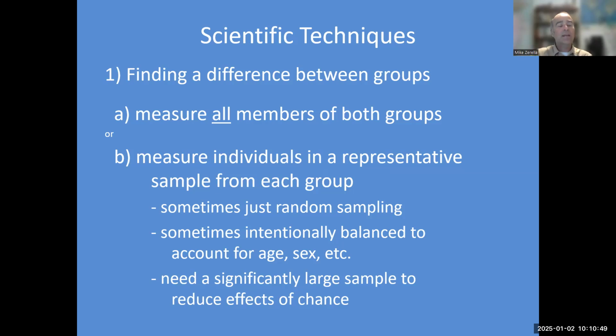And then hopefully our representative sample really does represent the larger group. So if we find a difference between the representative samples, then we know that there's a difference between the groups themselves. So how do we do that?